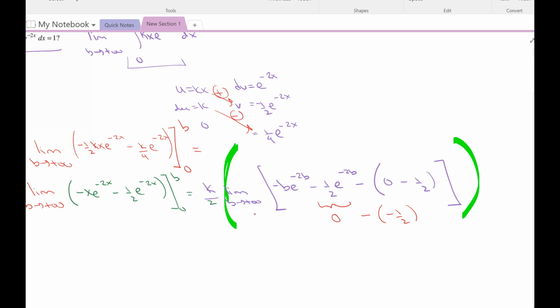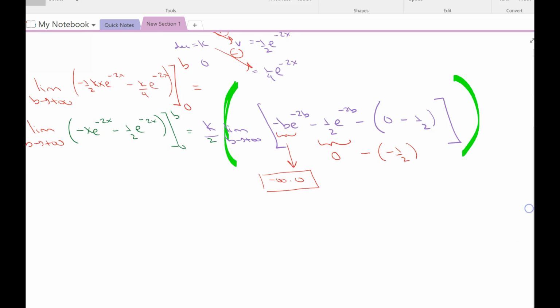As b approaches positive infinity, look right here. This is interesting. Negative b approaches negative infinity times e to the negative infinity, which is 0. This is an indeterminate form that requires us to work through, so let's go down here and take care of this for a minute.